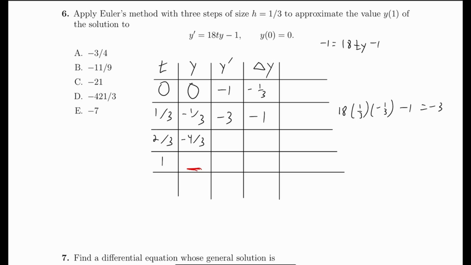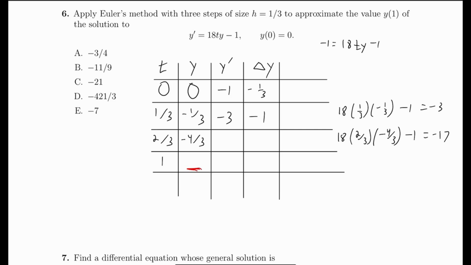We can find our new y prime, and that will be 18 times 2/3 times negative 4/3 minus 1. And that's the same thing as doing 18 divided by 9, so 2 times negative 4. So that's negative 16 minus 1.